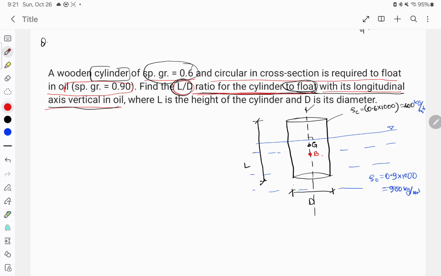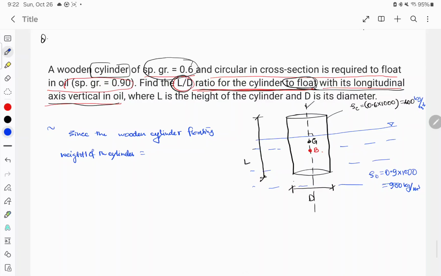Since the wooden cylinder is floating, the weight of the cylinder will be balanced by the force of buoyancy on the cylinder.